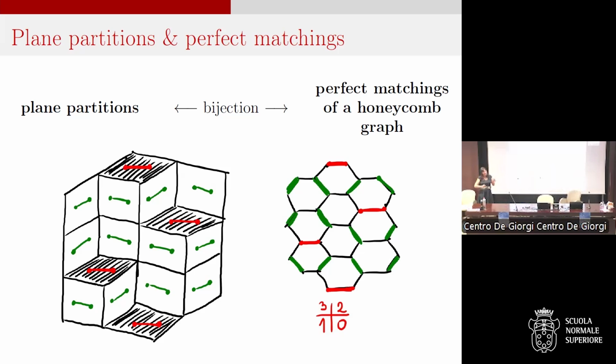Thanks. It's good. More questions? Do you think this is connected just to dimension 2 and going from dimension 2 to dimension 3? Do we use planarity in any way, or do we just use that it's a tiling?